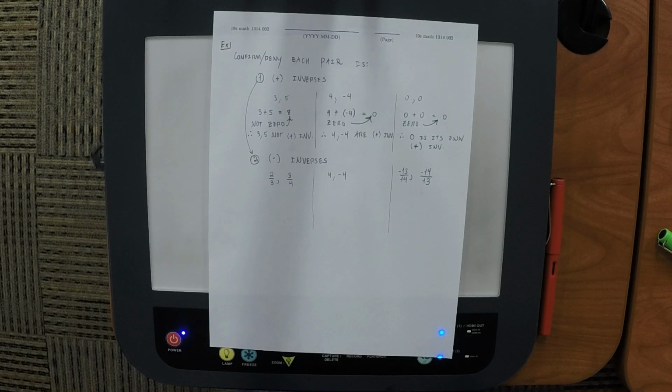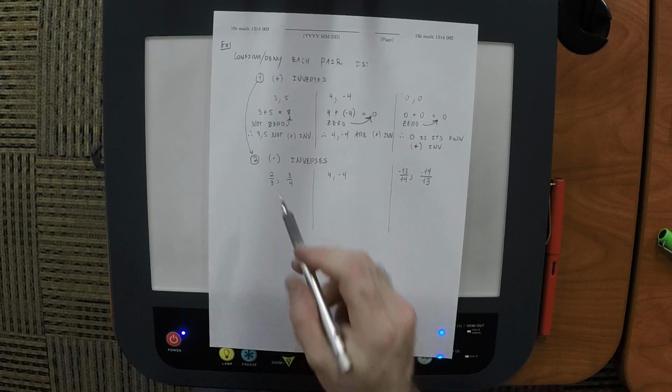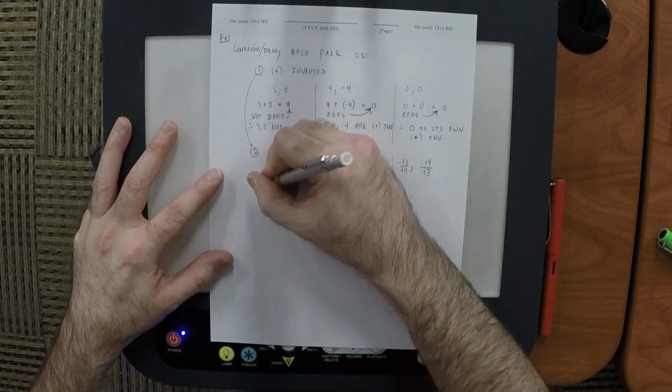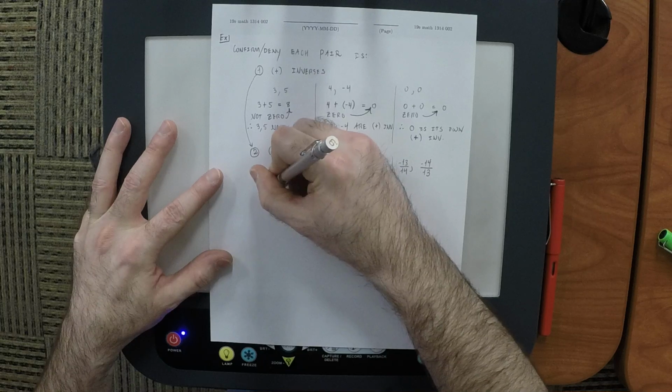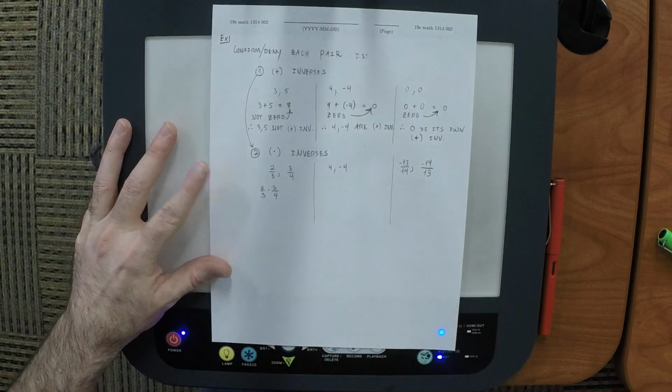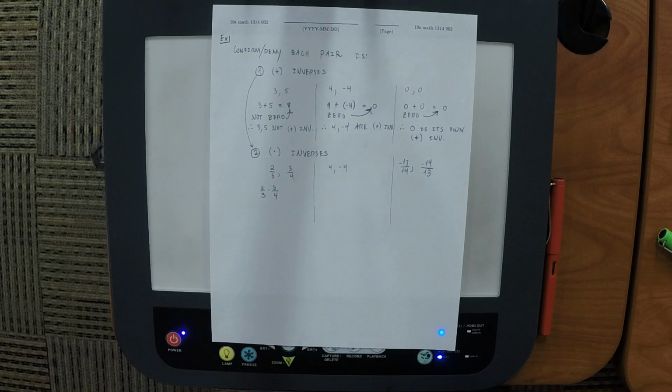All right. So what do we have to do? Multiply. So 2/3 multiply 3/4. We're multiplying them because we're asking if they're multiplicative inverses.